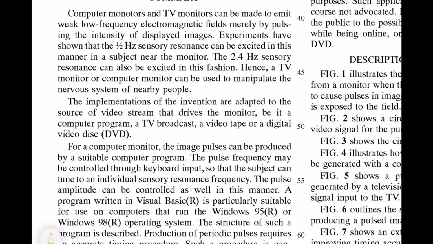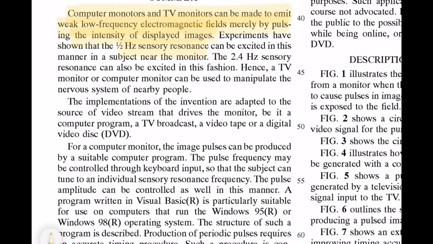It says computer monitors and TV monitors can be made to emit weak low frequency electromagnetic fields merely by pulsing the intensity of displayed images. Experiments have shown that half-hertz sensory resonance can be excited in this manner in a subject near the monitor. The 2.4 hertz sensory resonance can also be excited in this fashion.